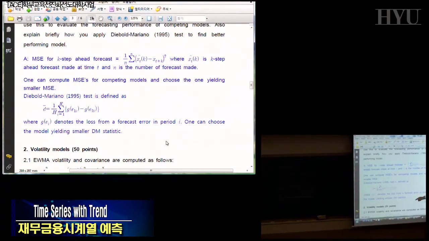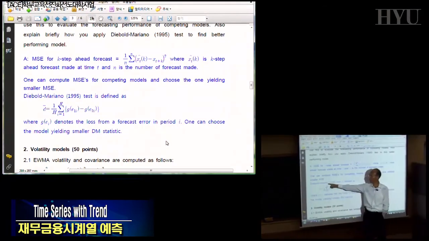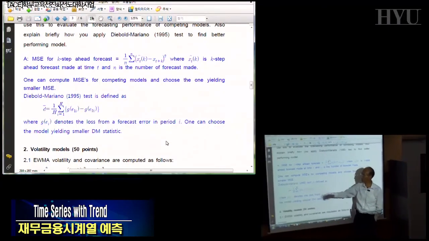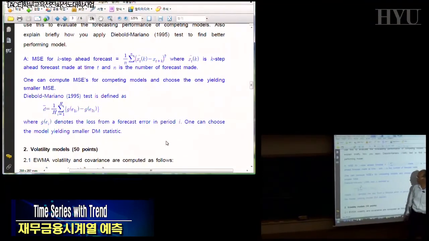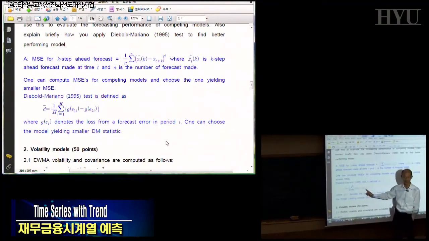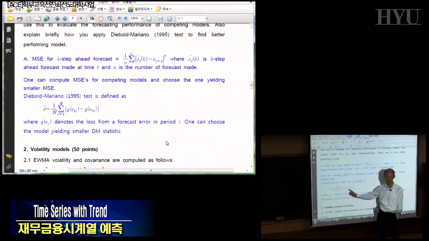Because in implementation, a g function could be set differently. So I just asked the general idea about what we mean by the Diebold-Mariano test. Calculate forecast errors from competing models, and then transform them using some loss function.